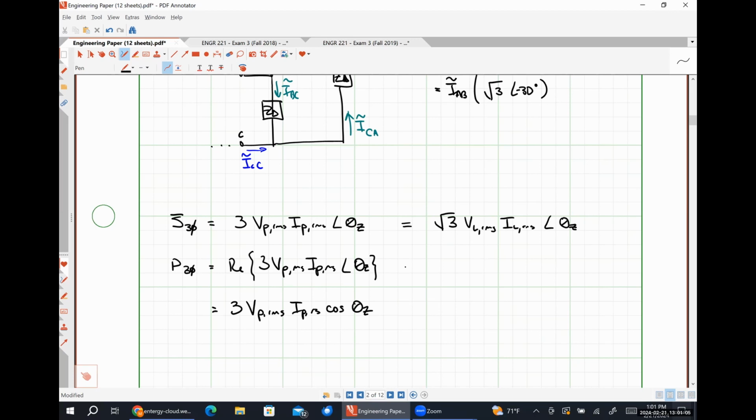And we can do something similar over here with our line quantities. So we just need the real part of our complex power, which is going to be √3 VL IL angle theta z.